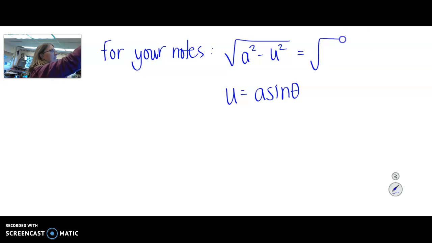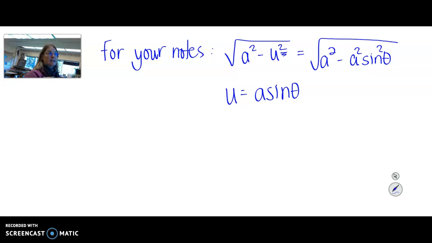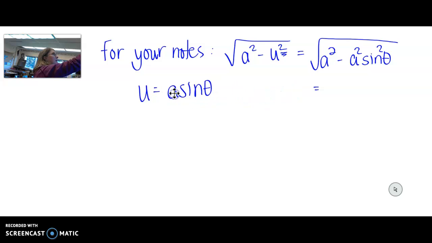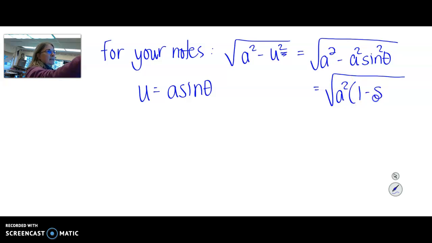If we replace u with a sine of theta and square that, we get a squared times sine squared theta. We can factor out an a squared, and I'm left with 1 minus sine squared theta.